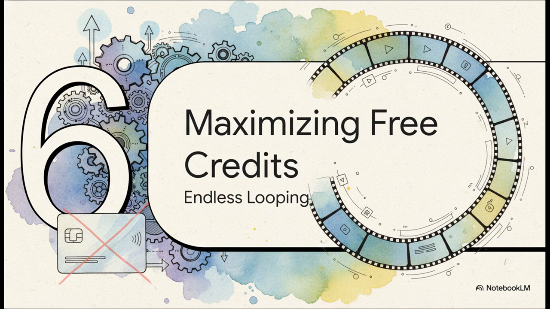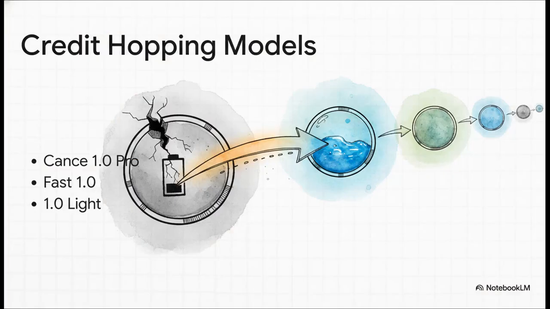Which brings us to Section 6, maximizing free generation credits, endless looping. Okay, so inside the playground, you'll see a model selector. The huge secret to making this sustainable long-term is what I like to call credit hopping. See, each individual model on Byte Plus actually has its own separate pool of free credits. Normally, a free tier gives you one set limit, and when it's gone, you're locked out.